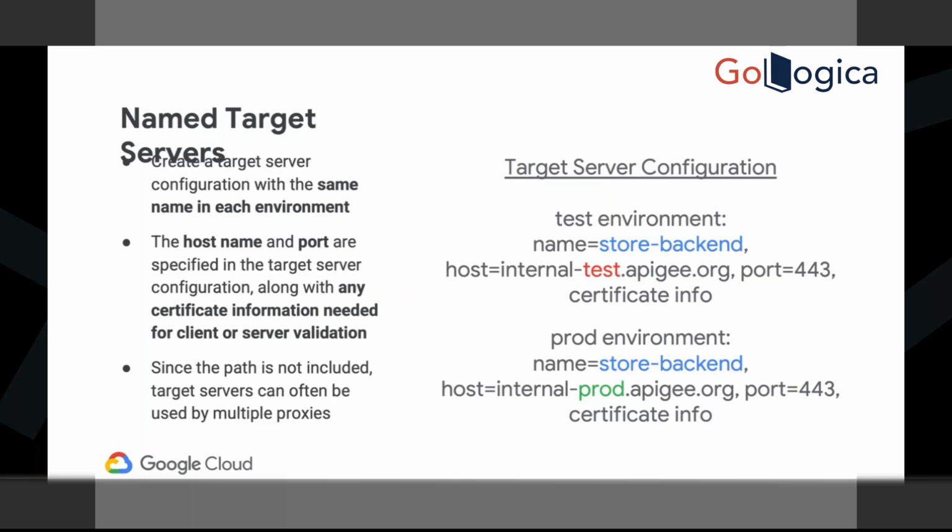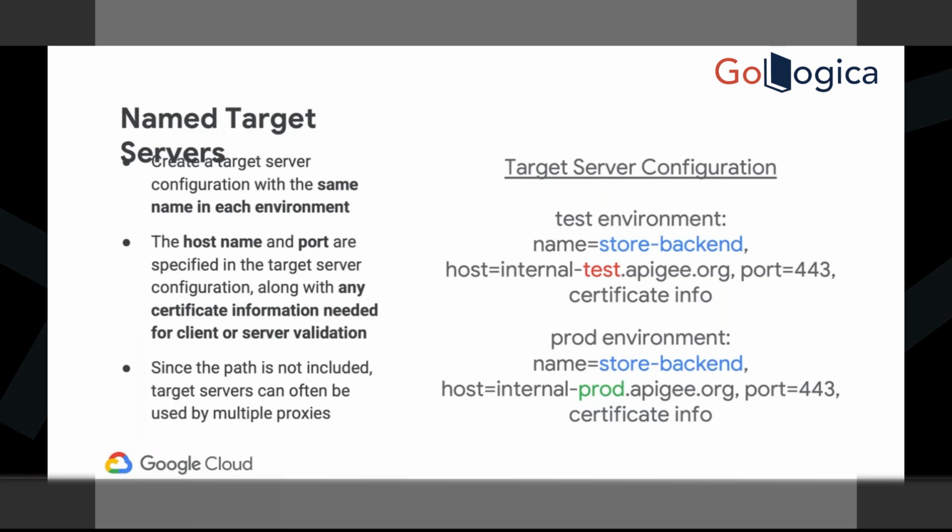You don't have to hard code that URL 10 times. With the target server, you place it only once, creating the configuration in one place, and from your Apigee proxy you only give the name of the target server. At runtime, when the call comes, Apigee will resolve the target endpoint, pick the backend host and port, and go. So all the 10 proxies can refer to the same name.